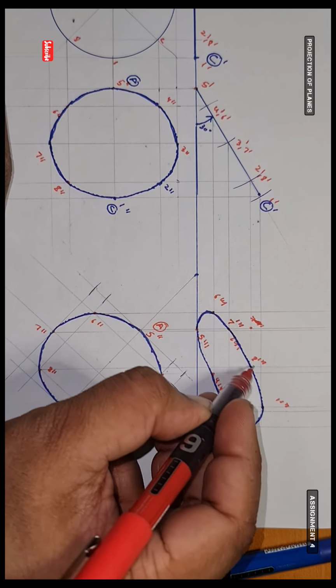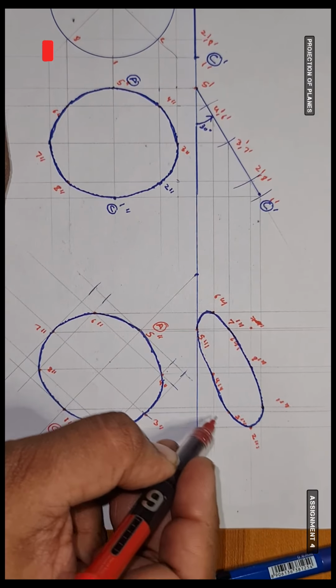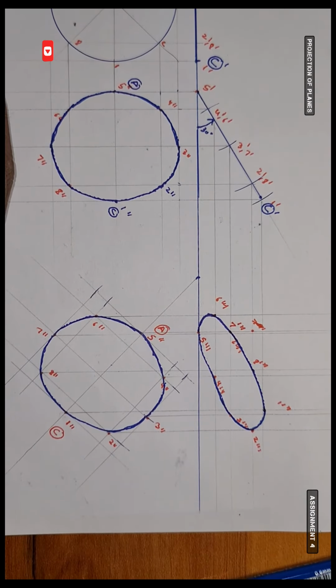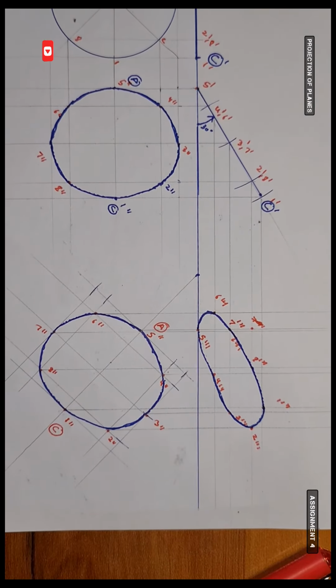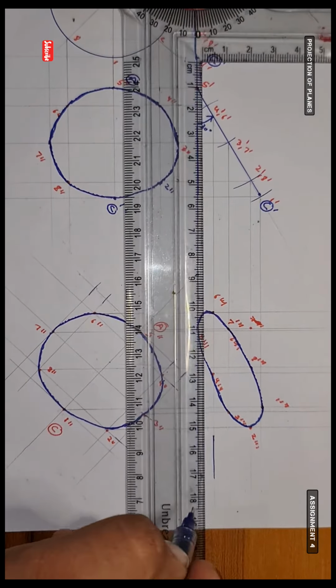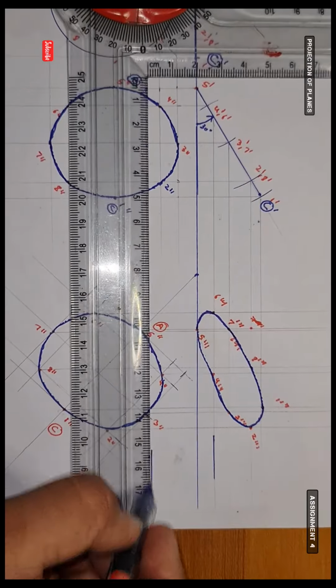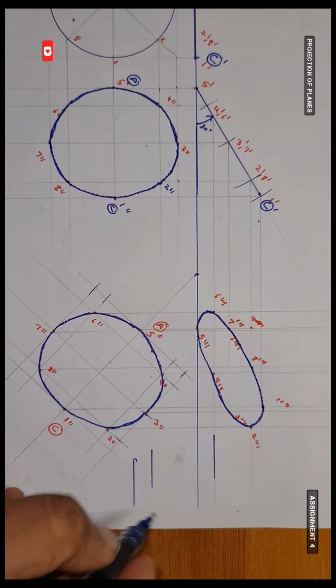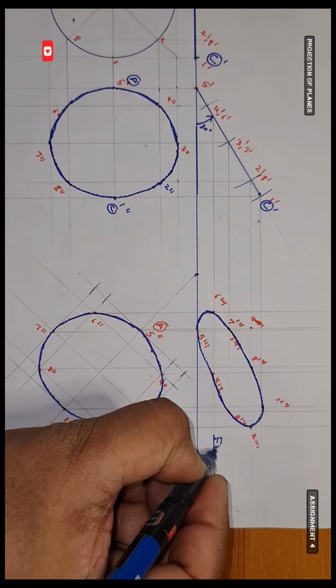Okay, 6 7 8 9 8 1 2 3 4 5. This is your answer. This is your front view.